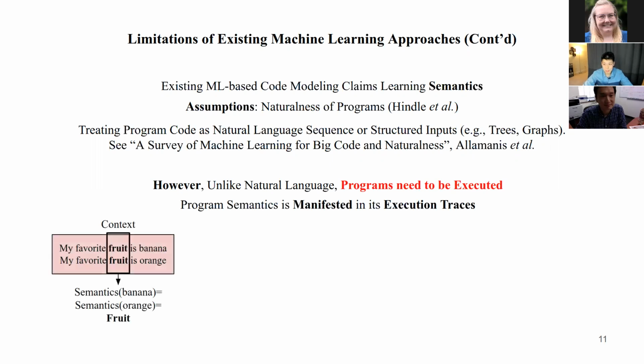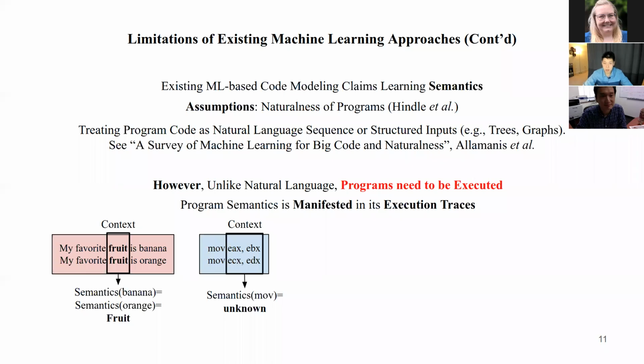Therefore, it makes sense in natural language to use word2vec-style embeddings that leverage local context to learn the semantics. For example, here the meaning of banana and orange is determined by their shared context, fruit. However, if you look at program code, the code token semantics is usually not implied by its neighboring context.